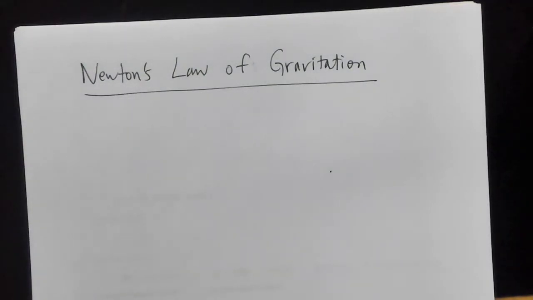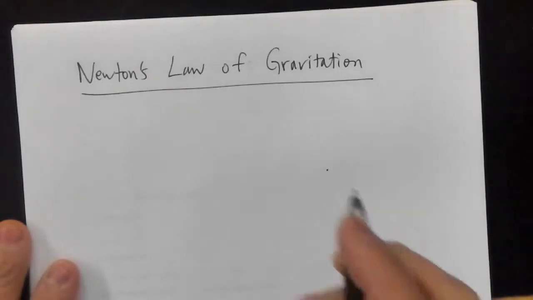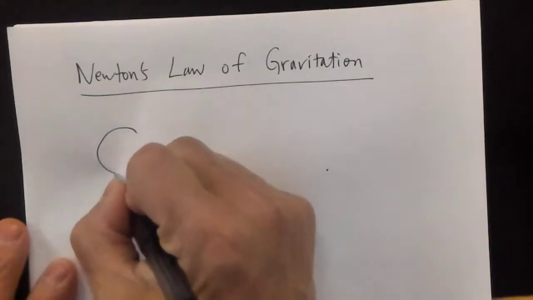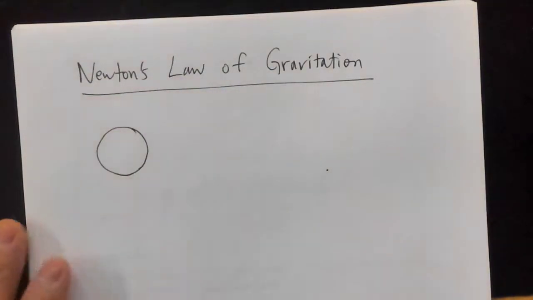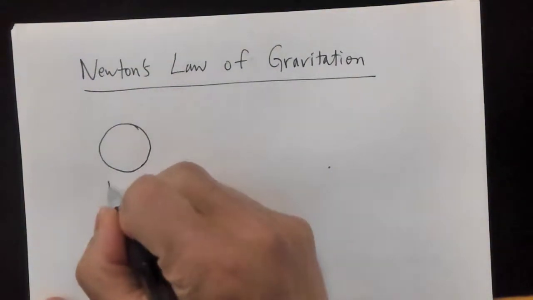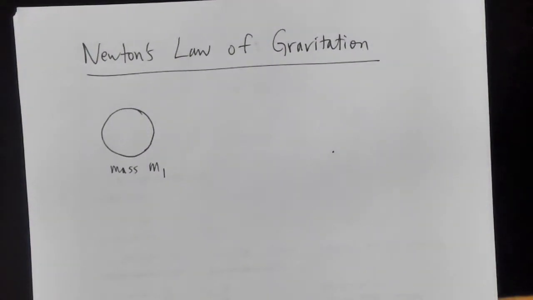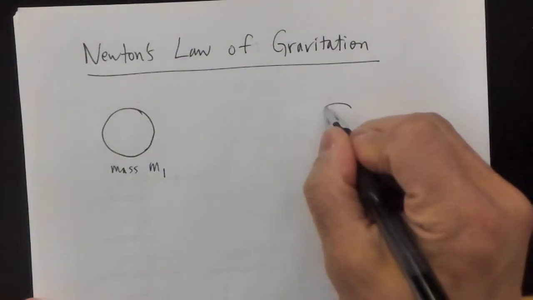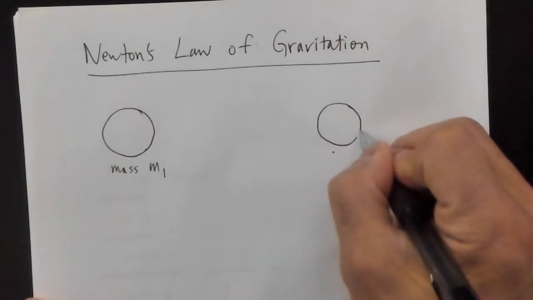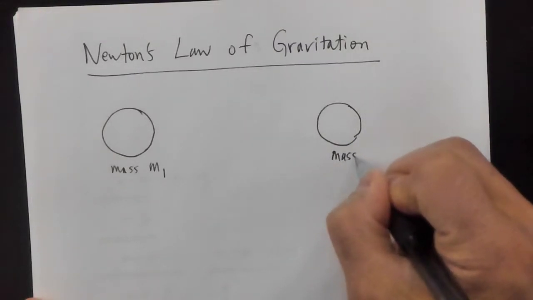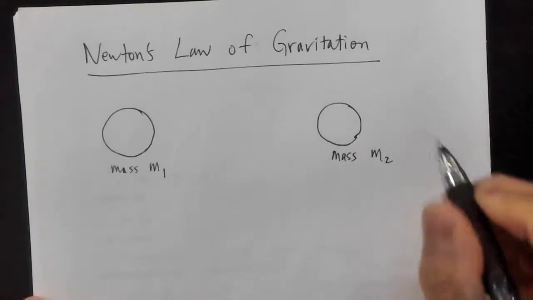And the fact that everything seems to fall suggested there was something universal. So Newton came up with this universal law of gravitation. If you have an object, let's make it a spherical object, with a mass m1, and then a mass here, m2.